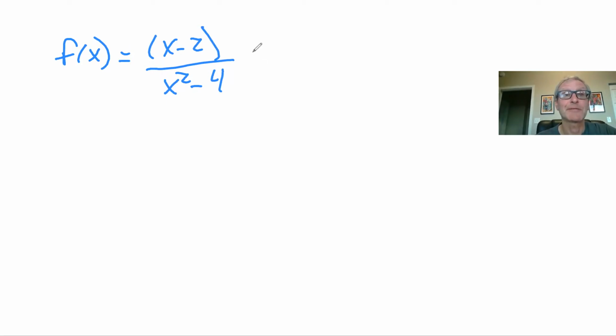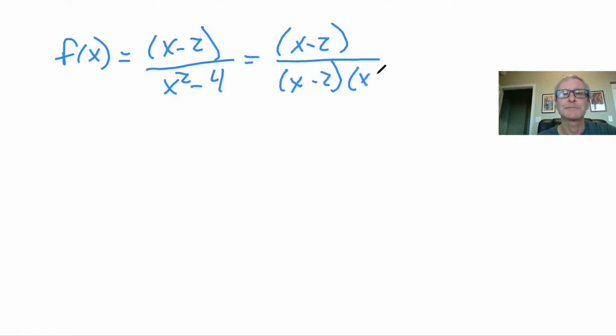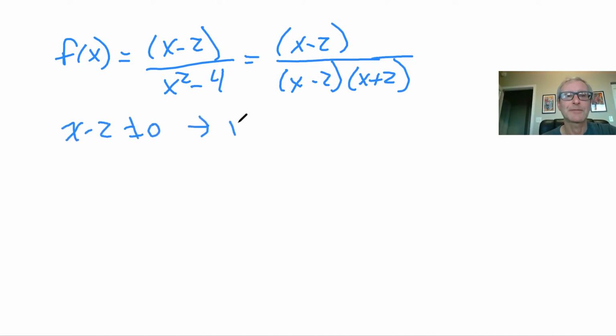You can see that we could factor the denominator, and it would be x minus 2, x plus 2. But when you do the domain calculation, do not cancel these two out first. So you have x minus 2 does not equal 0, and that implies x does not equal 2. And then you have x plus 2 does not equal 0, and that implies x does not equal minus 2.